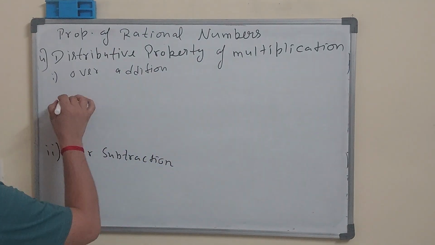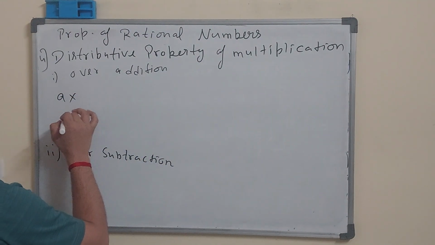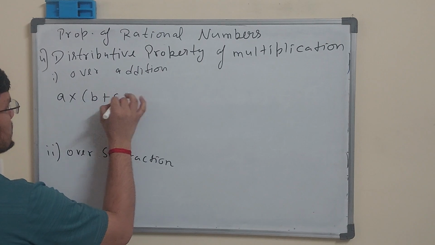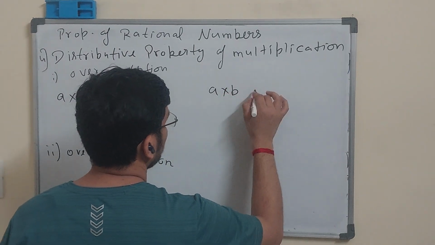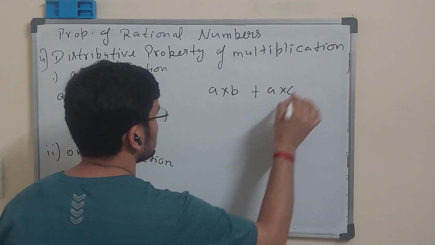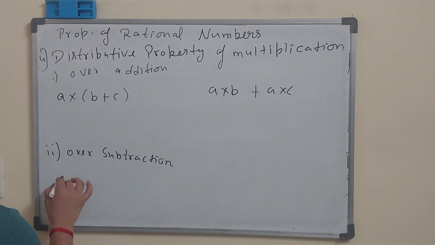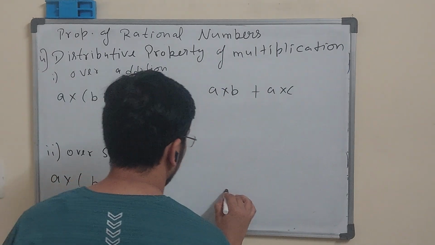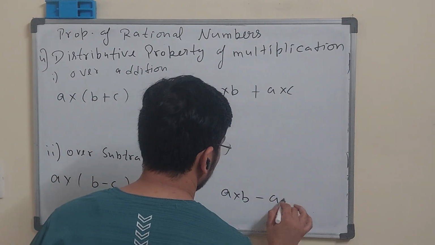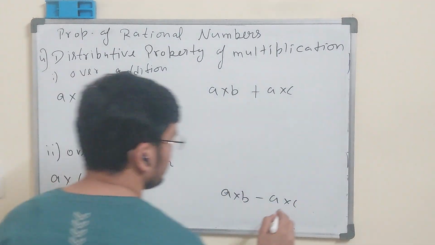Suppose we are taking a multiplied with b plus c, that is a multiplied with b plus a multiplied with c. In the case of subtraction, a into b minus c is a multiplied with b minus a multiplied with c.